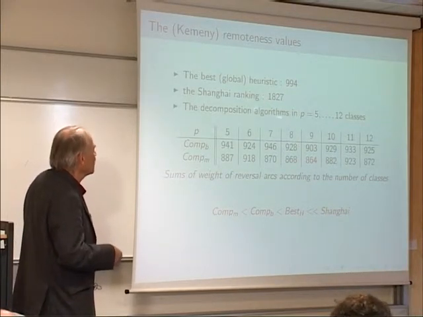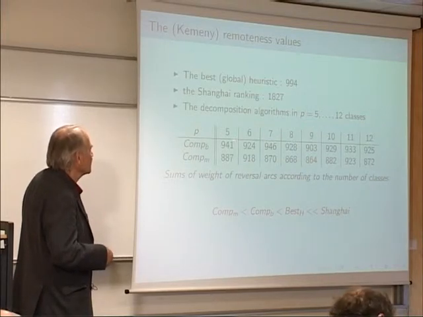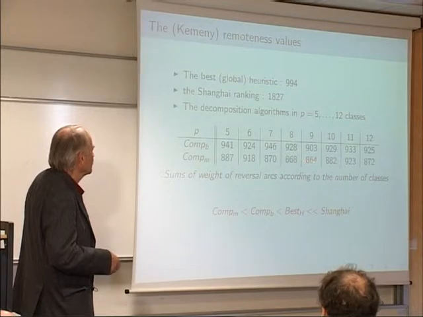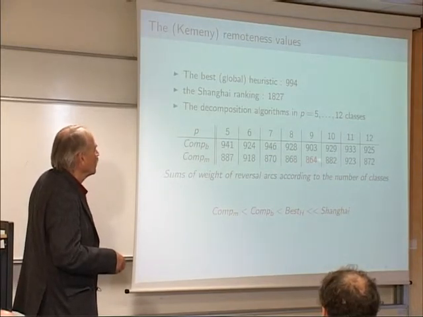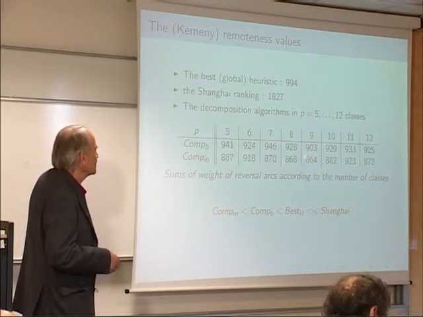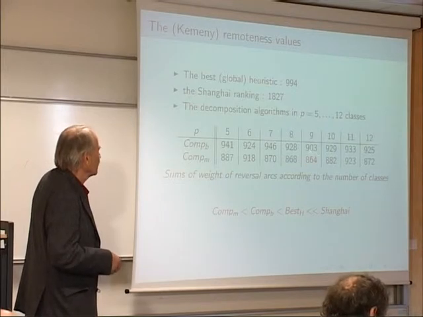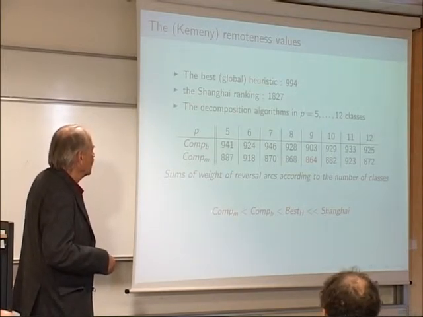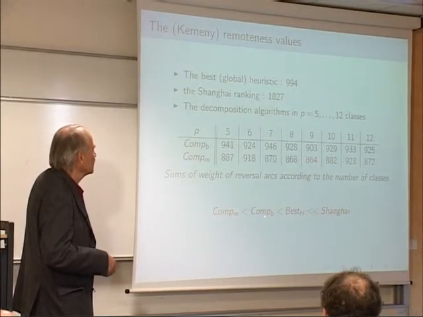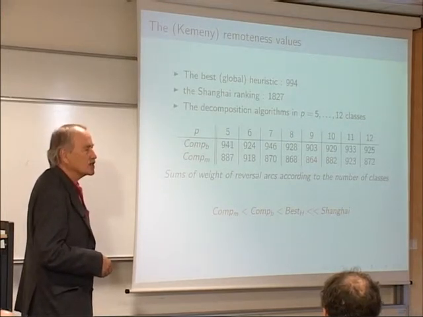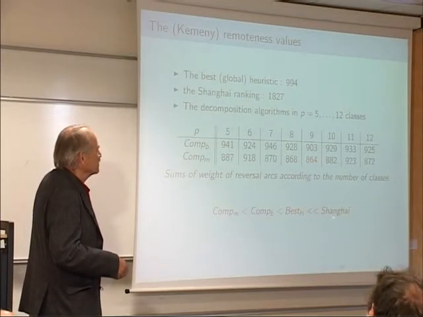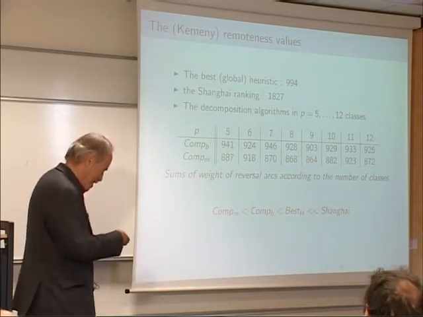Okay, and the decomposition algorithm has been tested with some number of classes, and the computed decomposition gives me a remoteness equal to 864, which is much better than the global. So I conclude that the computed decomposition is better than the balanced decomposition, is better than the global heuristic, and is much better than Shanghai.